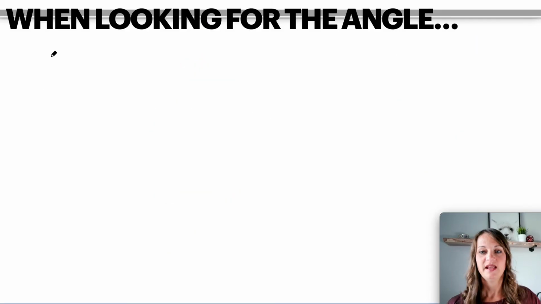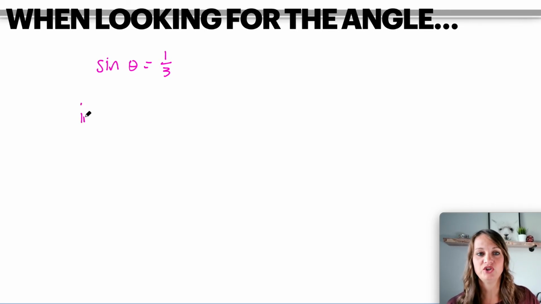Now, when you are looking for an angle, so in the past we talked about like the sine of 30 degrees was 0.5. So if we were to work backwards and we wanted to know what is the angle degree of something, let's say we had a ratio of the sine of an angle equals, like, let's say 1/3, and we wanted to know, well, what was that angle degree? This is where you will actually take the inverse of a trig function in order to actually find the angle.